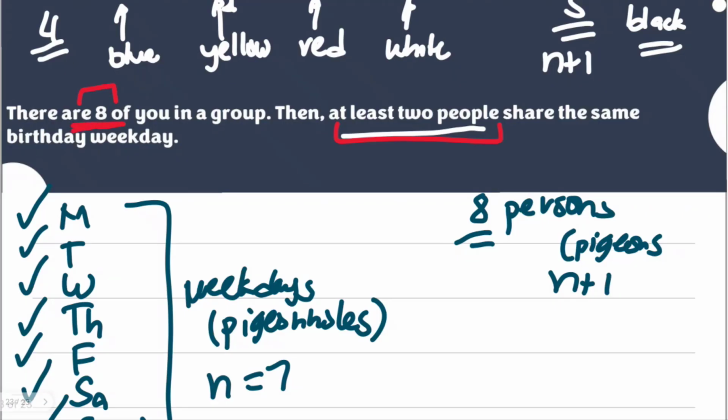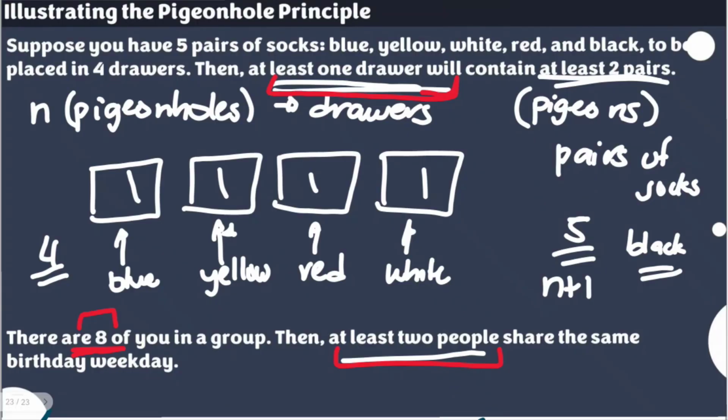Basically, this is the more emphasized target. What would be the maximum number of pairs of socks or number of people in a group where at least 1 or at least 2 will have the same characteristic? We'll be using the pigeonhole principle for that, and some computations as well.